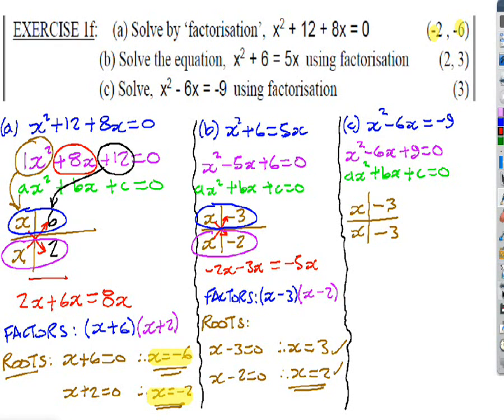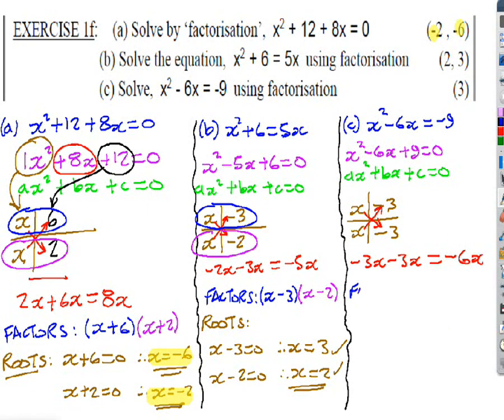Again, keeping a nice consistent process here, I'm going to cross multiply, so x multiplied by negative 3 is negative 3x, and here x multiplied by the negative 3, that's subtracting 3x there, so that's negative 6x when I evaluate that expression.